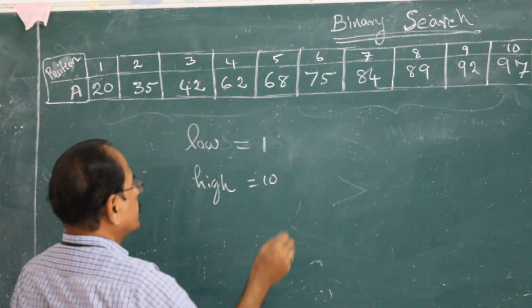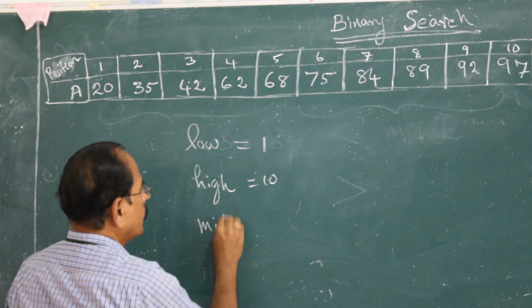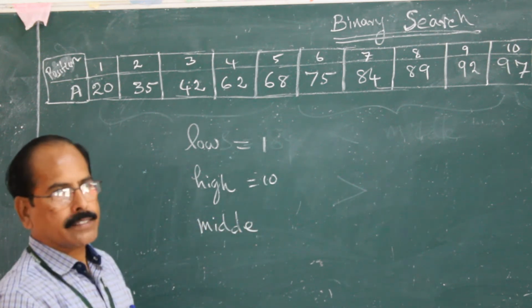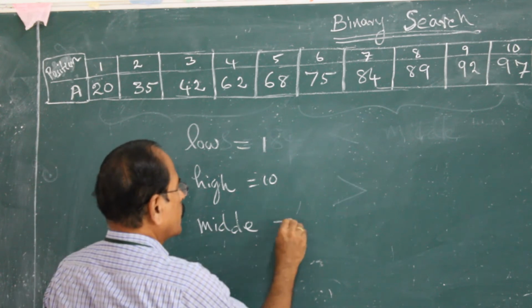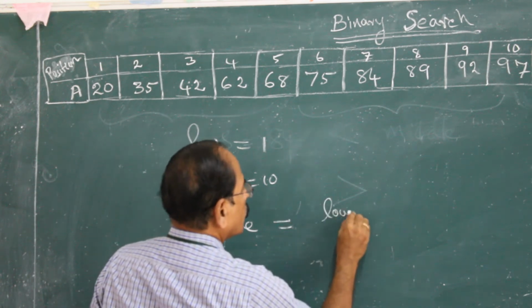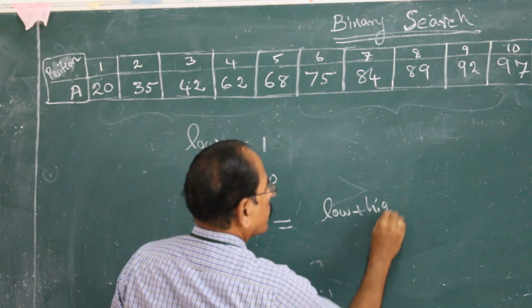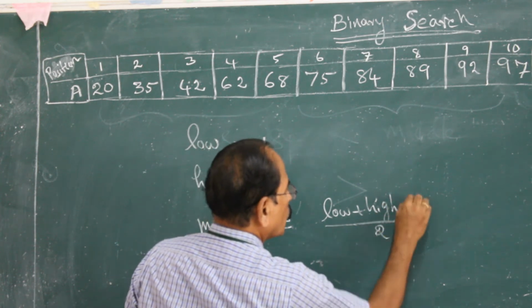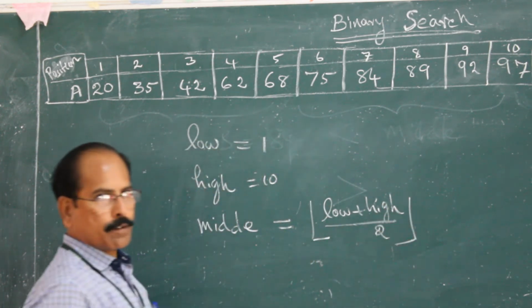Now, to do the binary search process, we have to find the middle element. Middle is nothing but (low plus high) divided by 2, with floor ratio.